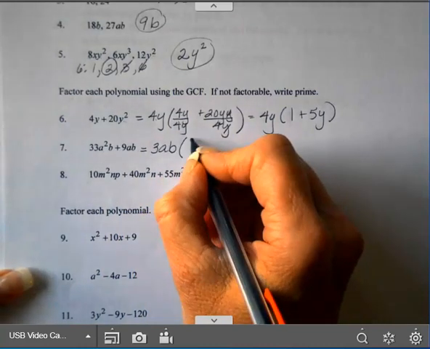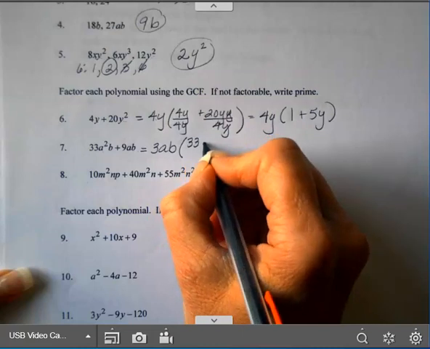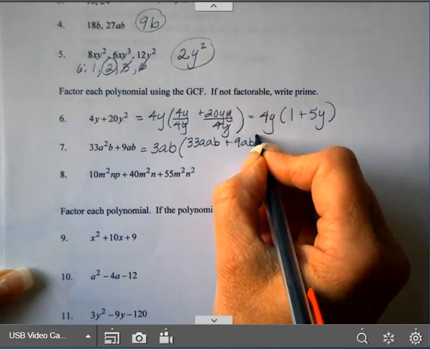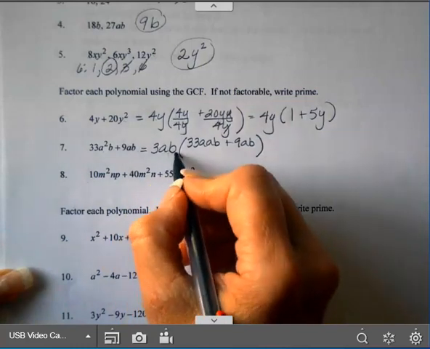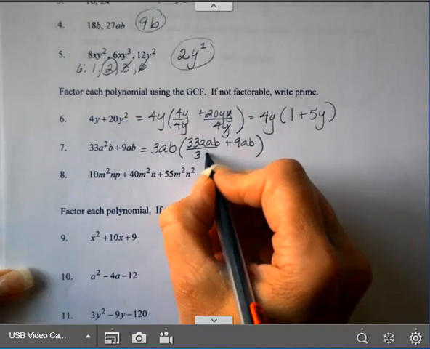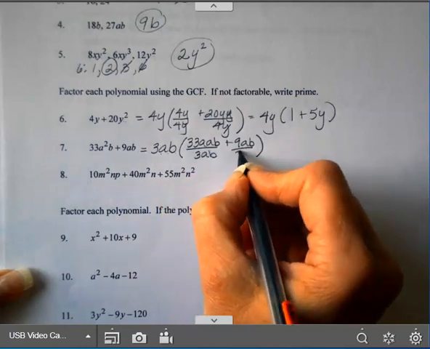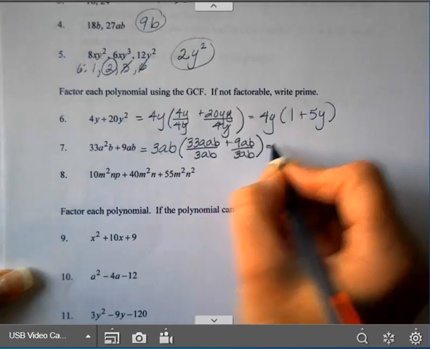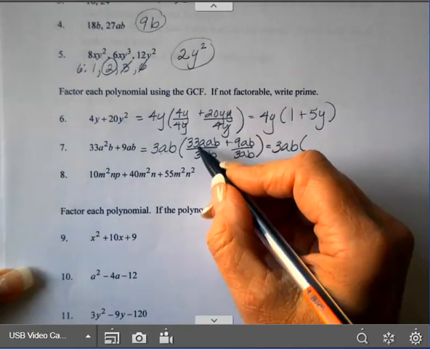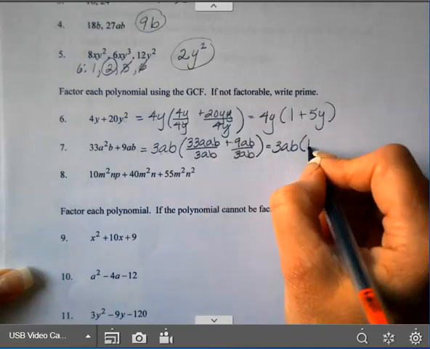And now I'm going to go ahead and write this as 33a²b plus 9ab. And when you factor the 3ab out, that means you're multiplying it. So I'm going to be dividing by the 3ab on the inside. So I have 3ab. And then 33 divided by 3 is 11.